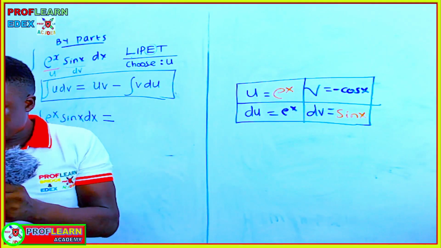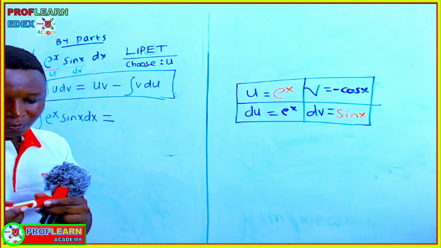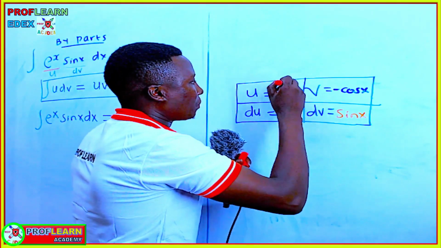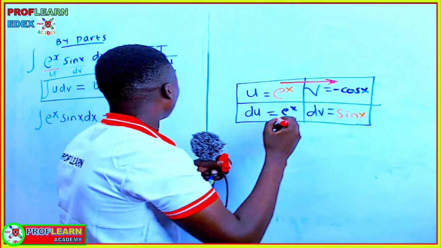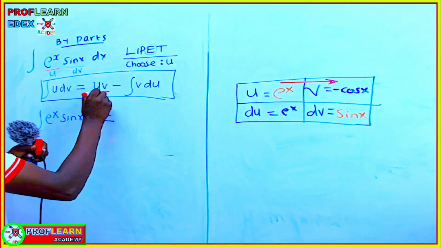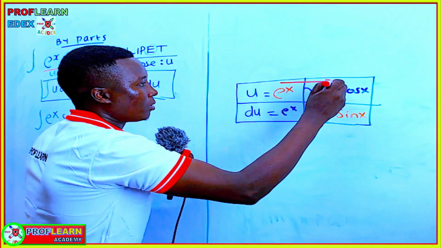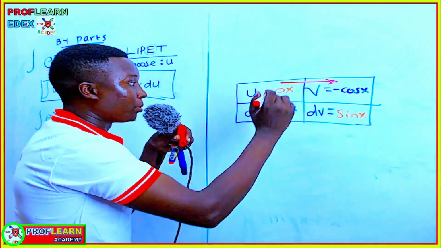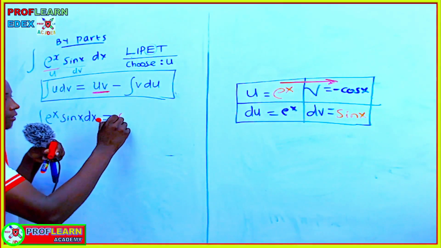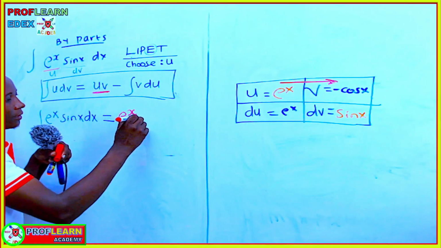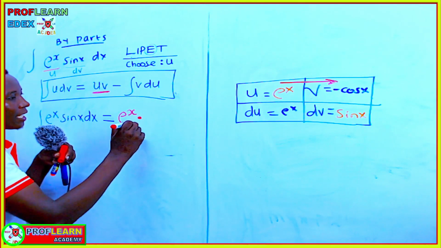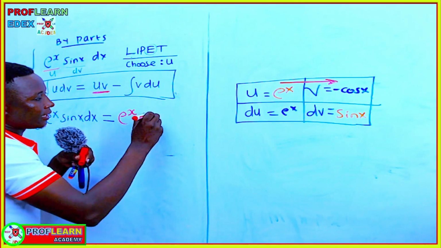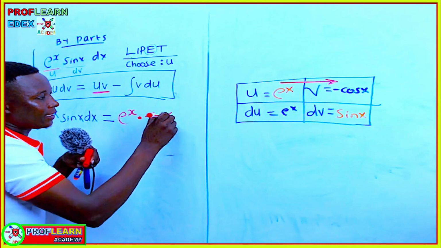Then once you have done that, you are going to multiply across so that you have your u times v. If you are multiplying like this, you take that as positive. So this is going to be e to x times negative cos x.